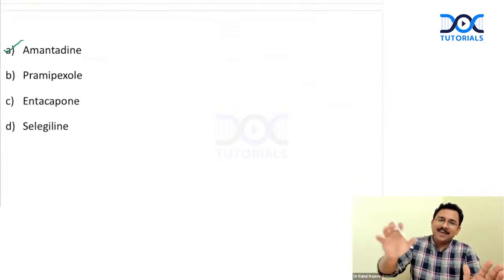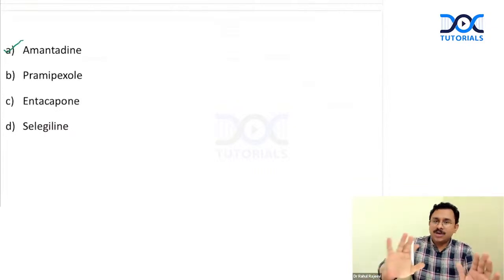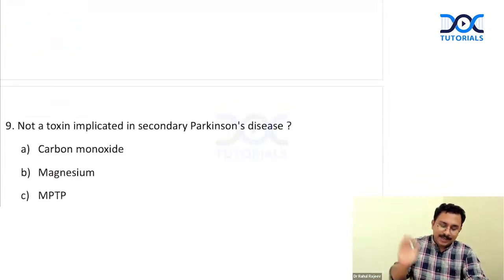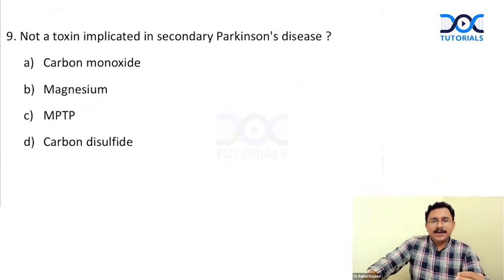Yes, so it is having anti-Parkinsonian effects, no doubt about it. But in addition to the anti-Parkinsonian effects, it is also having an additional benefit. And what is that additional benefit? It is useful for levodopa-induced dyskinesia. Hence, what is the answer here? Answer is option A, amantadine. Clear with that? Done.